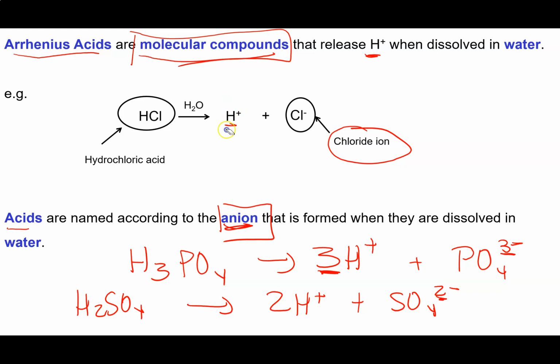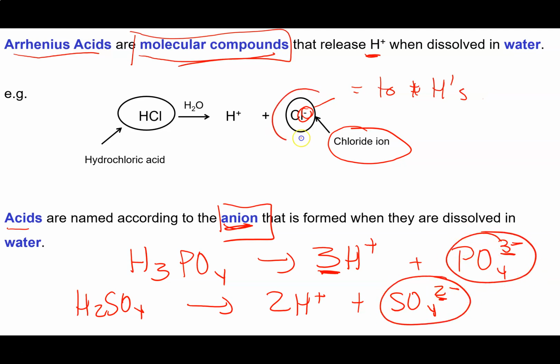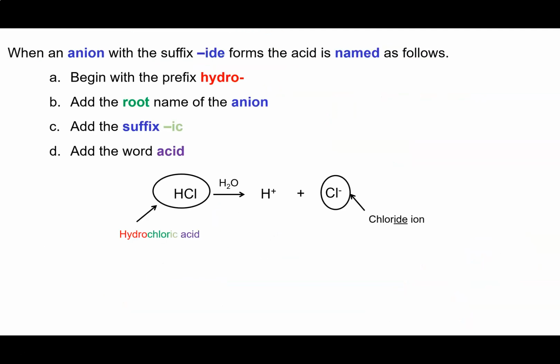Similarly up here, because I've got 1 hydrogen in my formula, I automatically knew that the charge there was going to be equal to the number of H's. So that's a little helpful hint. What we have to do is figure out the name of the anion formed in every case, and then we can begin to apply the rules for naming acids.